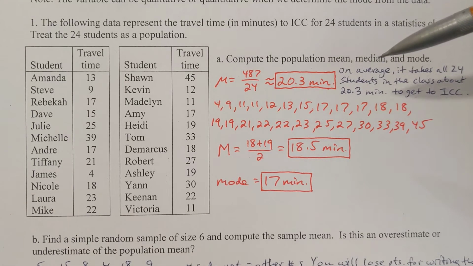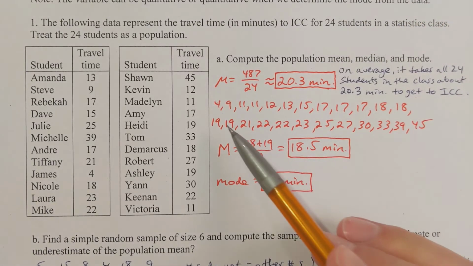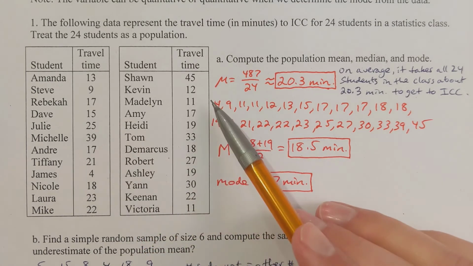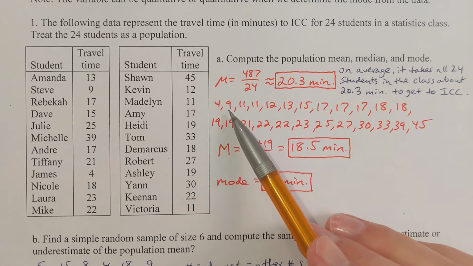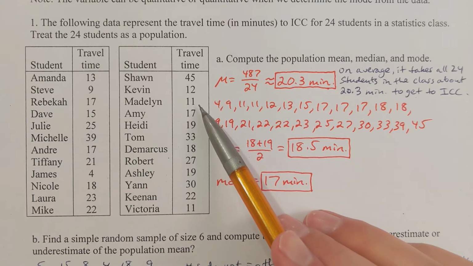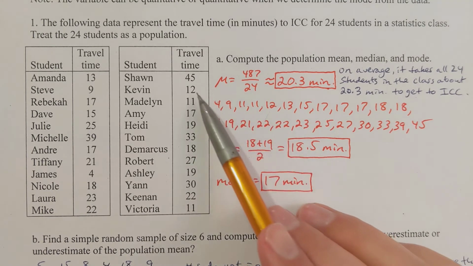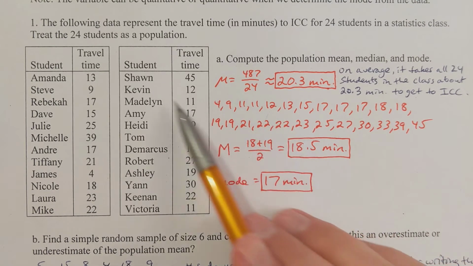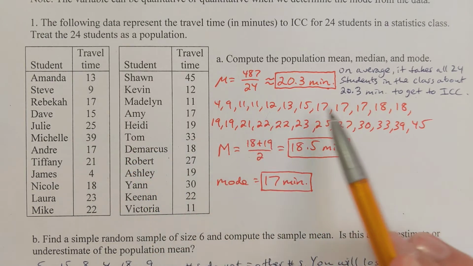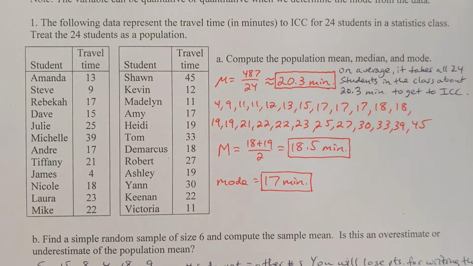Let's find the median next. The first thing that I have to do when I compute a median is I need to order the data set from smallest to largest. So here's 4, which is the shortest time listed. Here's 9. There should be 2 11s. Here's 1 and 2. And then there's a 12. And then there's 13. And so I'm going to order these 24 numbers that I see listed here from smallest to largest.